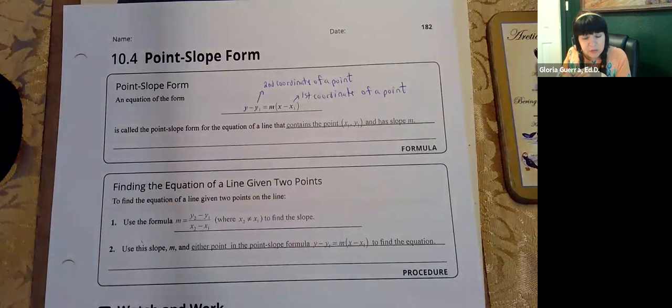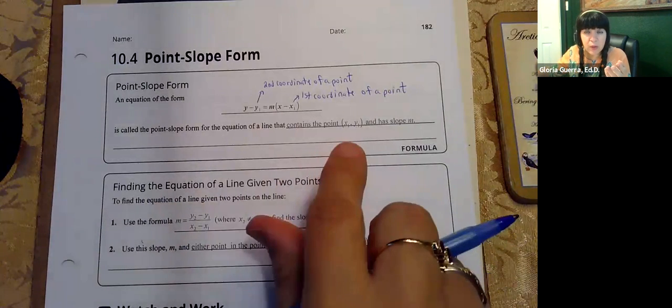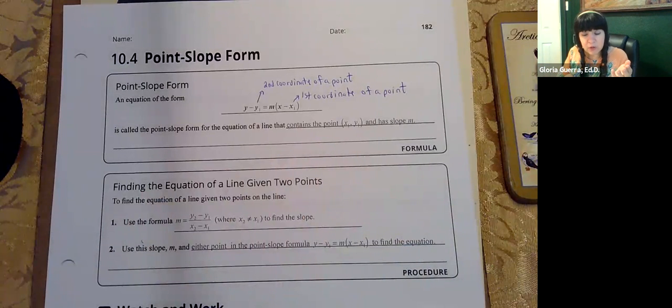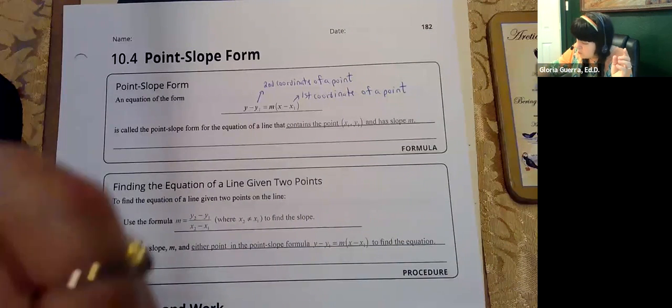It's called the point slope form for the equation of a line that contains the point x1, y1, and the slope, called m. M is called the slope. Now, the x1, y1 is a given point.